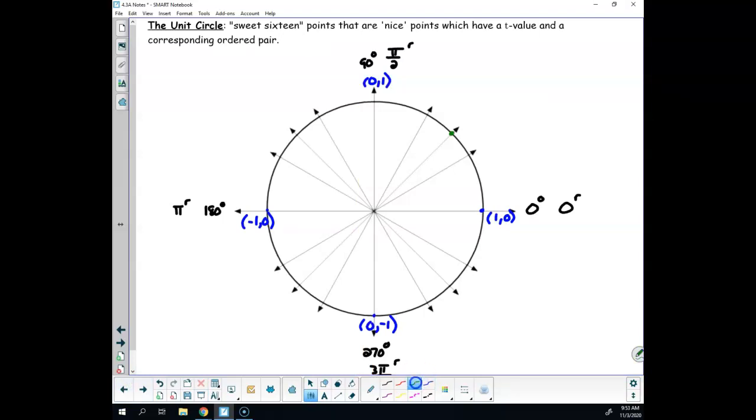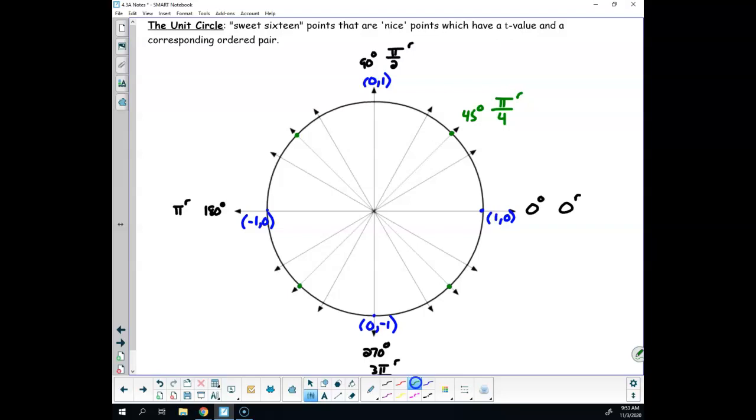This would be the quarter, there would be the quarter, there, and there. Okay? And the reason we call those the quarter points is because this is half of half, which is 45 degrees, or pi over 4 radians. So that's why we call that the quarter point.